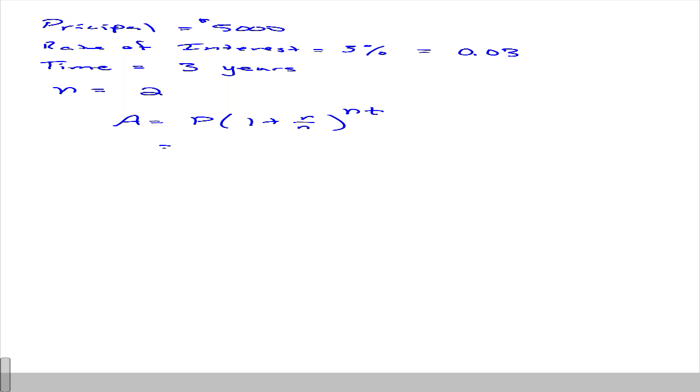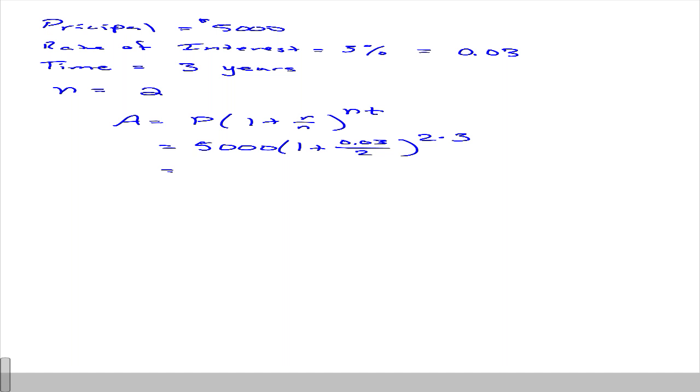So we just plug our information into the formula. So we would have 5,000 times 1 plus the rate, which is 0.03, over n, which is 2, raised to the 2 times 3.